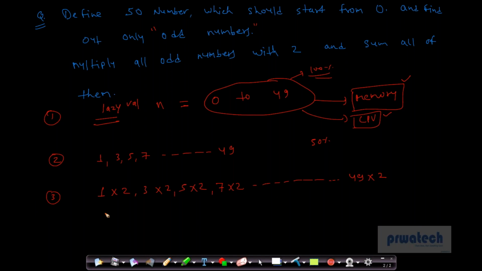I'll multiply these numbers, get the answer. I'm reading this statement by the way: multiply all odd numbers with 2. So 2 into 1 is 2, 3 into 2 is 6, 5 into 2 is 10, this is 14, and this is 98. I'll be getting some number here if I add this, right?